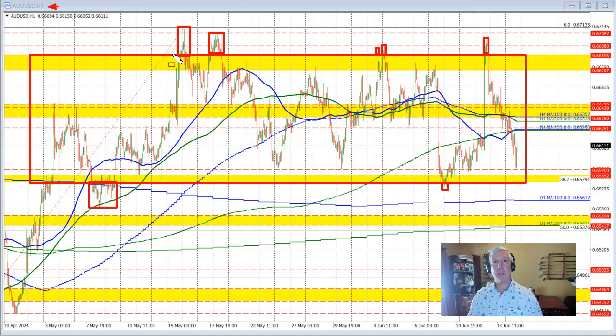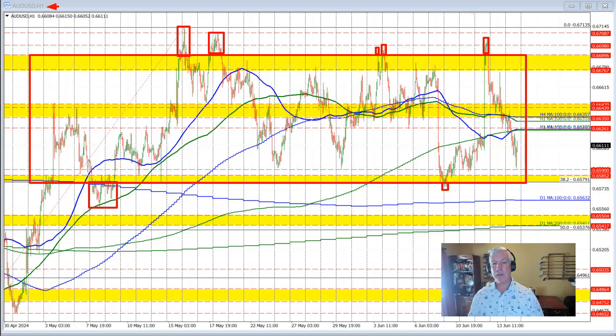So buyers had their shot on a number of different occasions on the top side. Sellers had their shots as well, more so in the early period right here, but more recently as well in trading last week and the beginning of this week. But overall, this is where the price action has taken place.